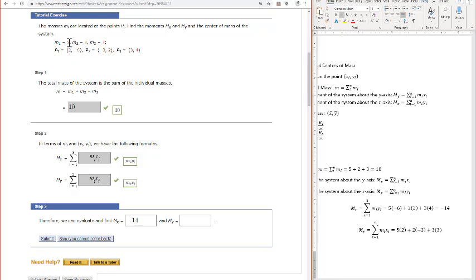So x value of -3 with mass of 2 and x value 3 with the mass of 3. So we have 10 plus 9 is 19. 19 minus 6 is 13.